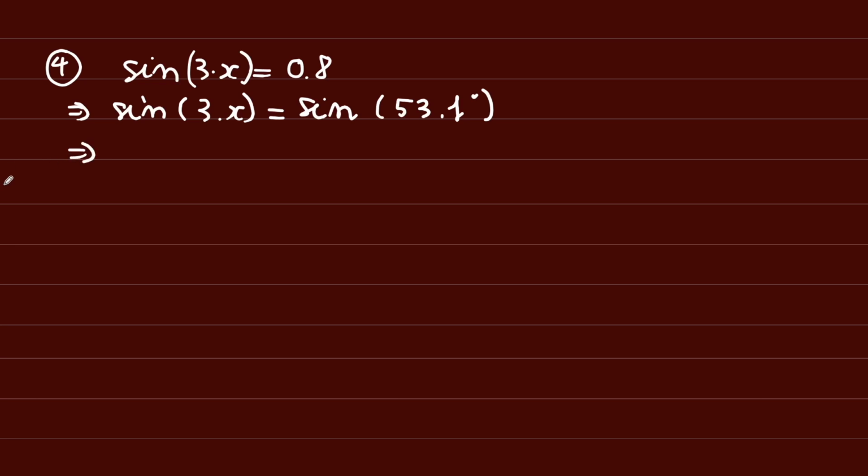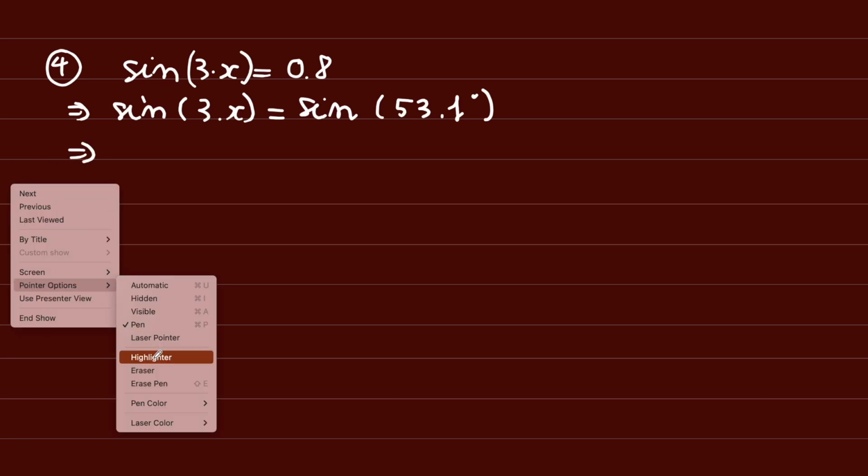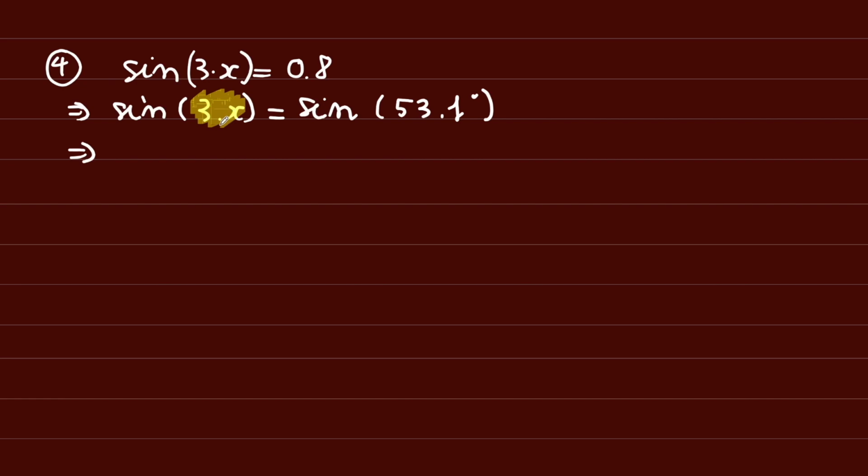The original angle for this case will be 53.1 degrees, and here is 0.8. And now we have two angles in this one. In this case, the first angle is 3x and the second one is 53.1. So the general solution, we got 3x equal to 53.1 plus 360 degrees multiplied by n. Listen carefully about this case.